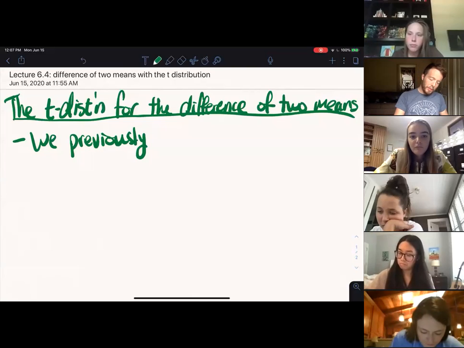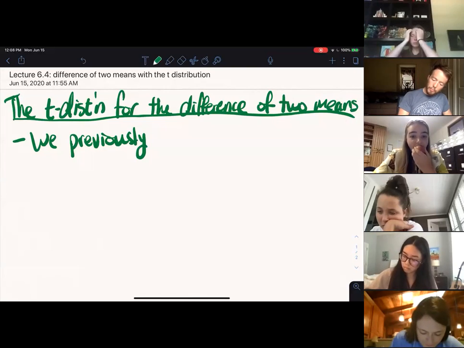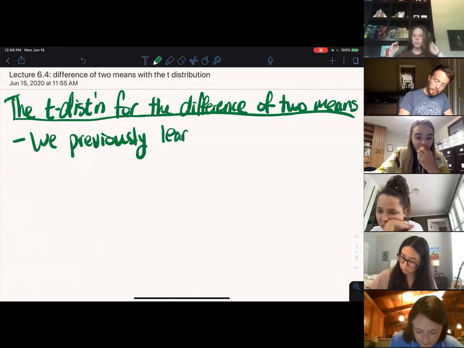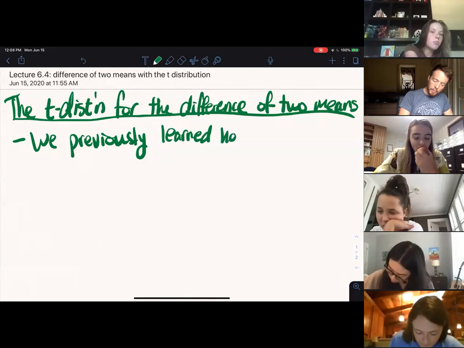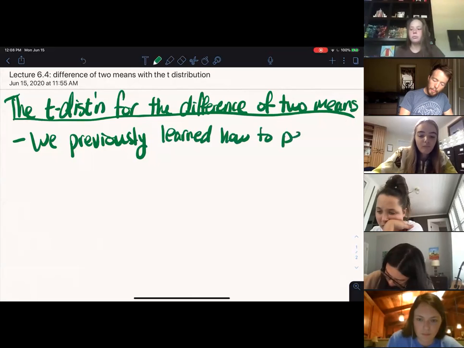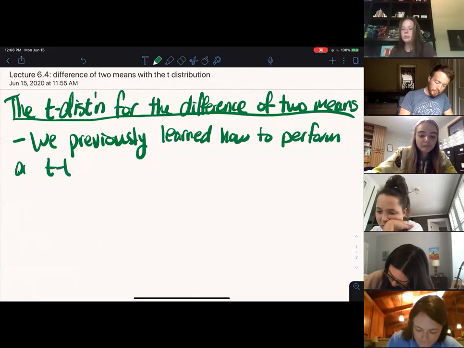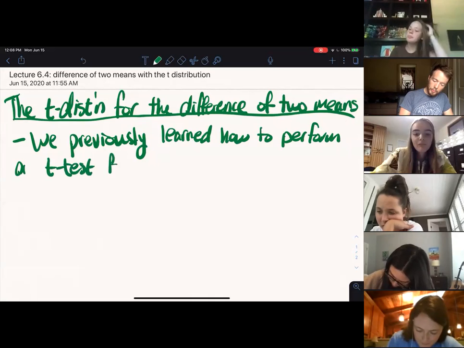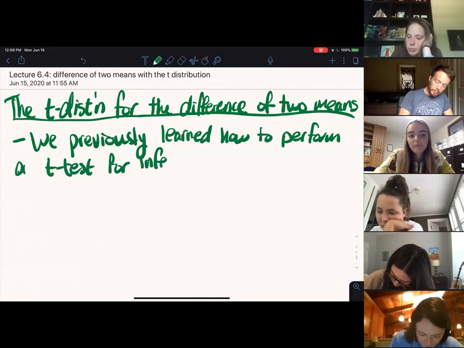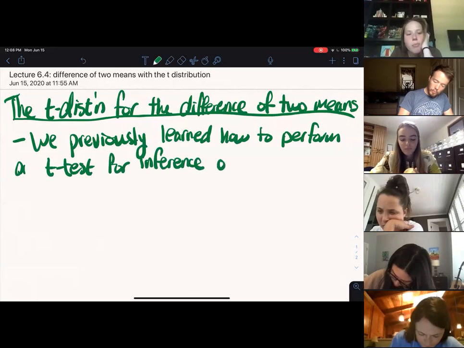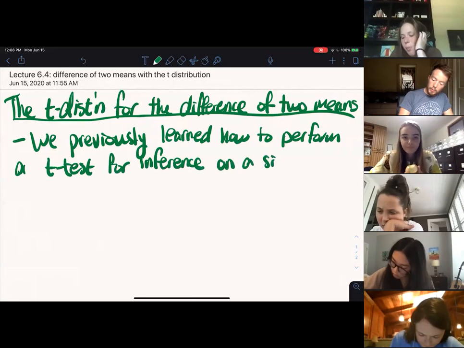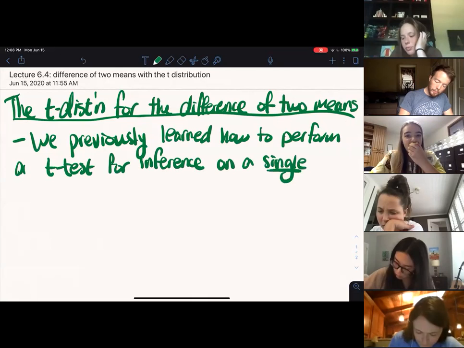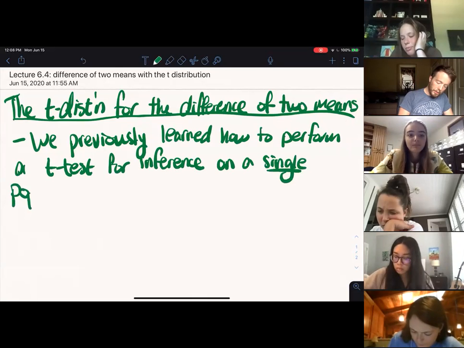Okay, so t-distribution for the difference of two means. We previously learned how to perform a t-test for inference on a single population average.